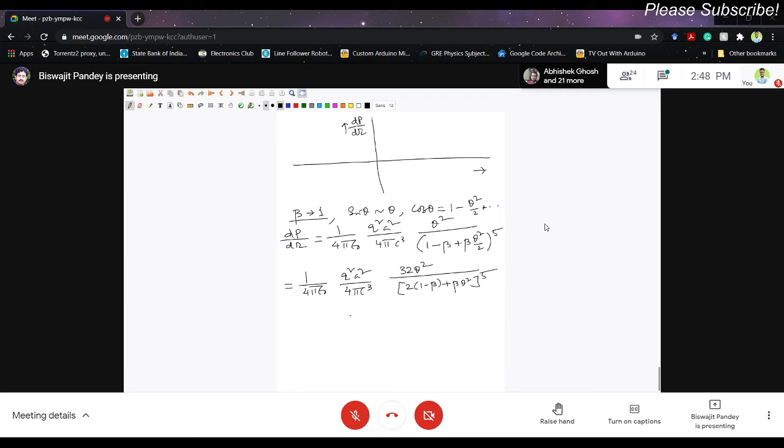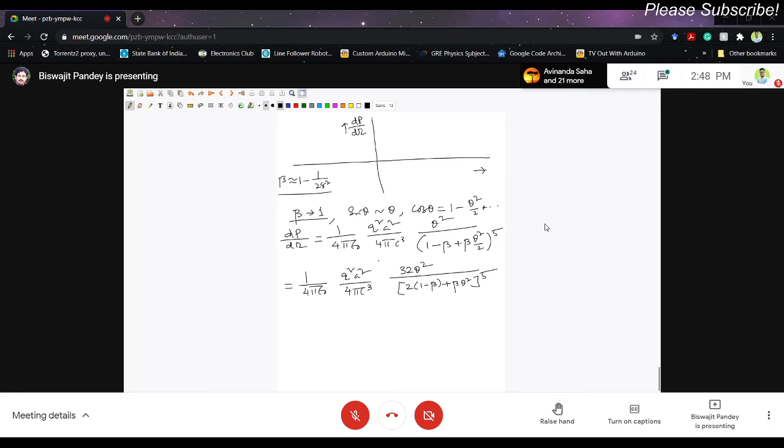Now let us put beta in terms of gamma. What is the relationship between beta and gamma? I'm going to put that beta, because we calculated that on the previous page. Beta was equal to 1 minus 1 by 2 gamma square, if you remember from the previous discussion. So I'm not rewriting them once again.